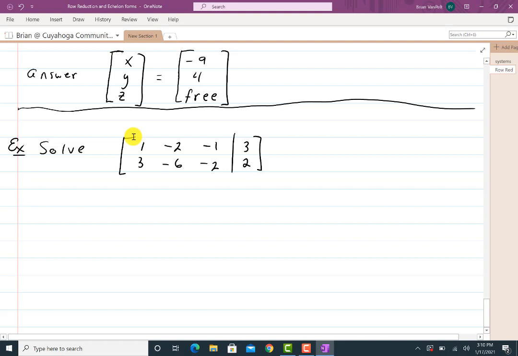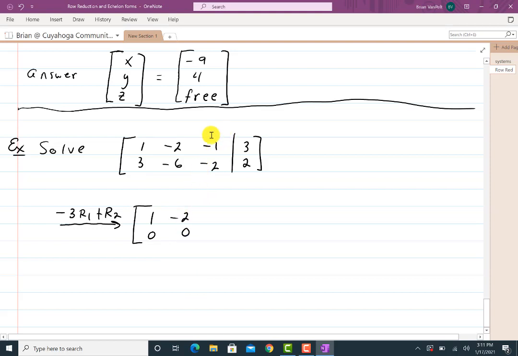And I'm going to take that 1 and use it to destroy the 3 that's underneath of it. Now notice that makes this -2 times -3 be 6. That'll wipe out the number underneath of it as well.